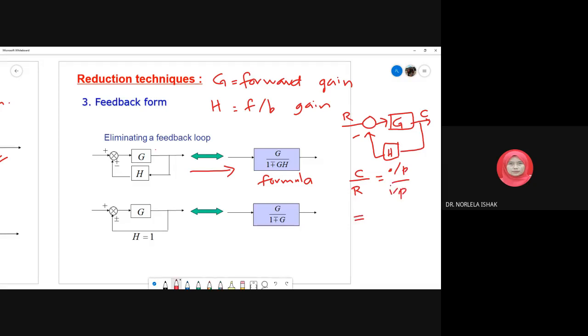We determine this transfer function from this system.